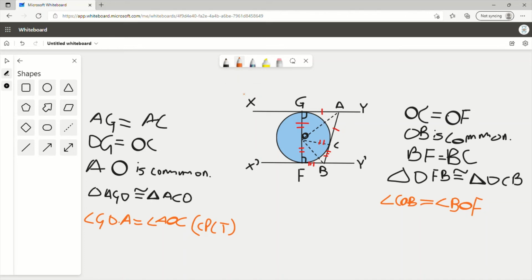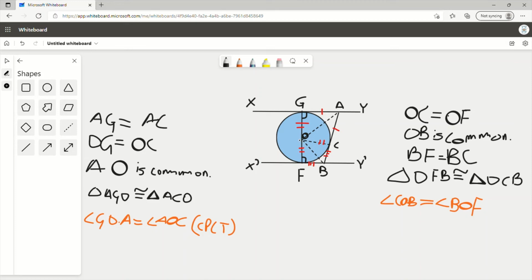Either way, we'll prove that over here itself. An easy way to prove that GF is a straight line is by the fact that GF is equal to 2 times the radius. If you have a look, there's one radius and this is the second radius, right?